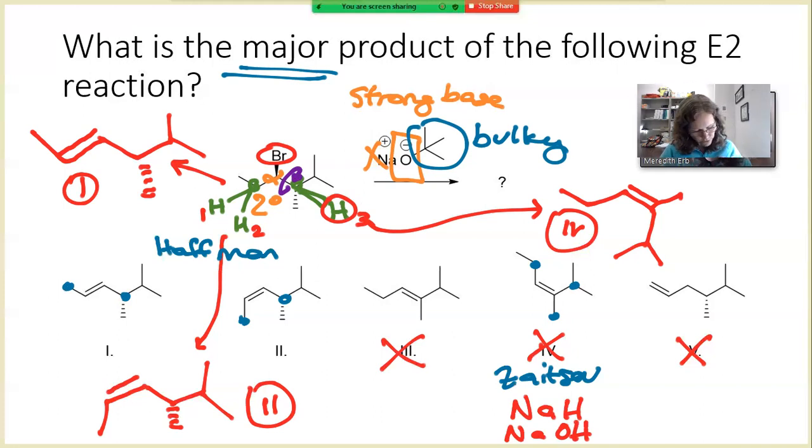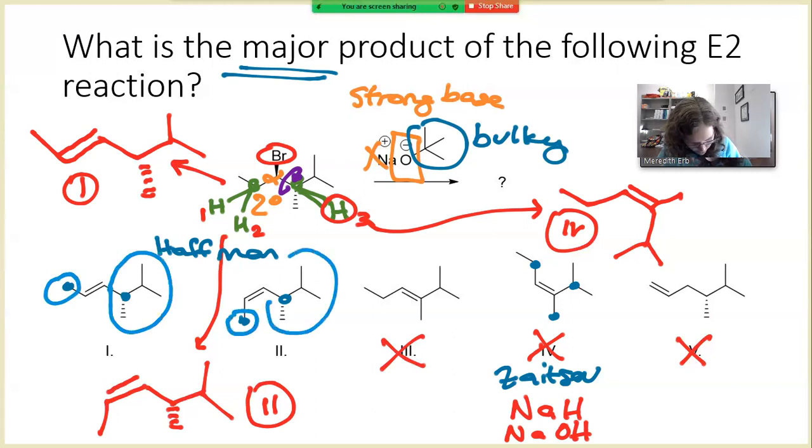So how do we choose between 1 and 2? Here, stereochem becomes important. It is more stable to have your largest groups opposite of each other. In this case, we have a methyl and then this big R group. And over here, we have the methyl and the big R group on the same face. So it's going to be more stable overall for the 2 largest groups to be on opposite faces.